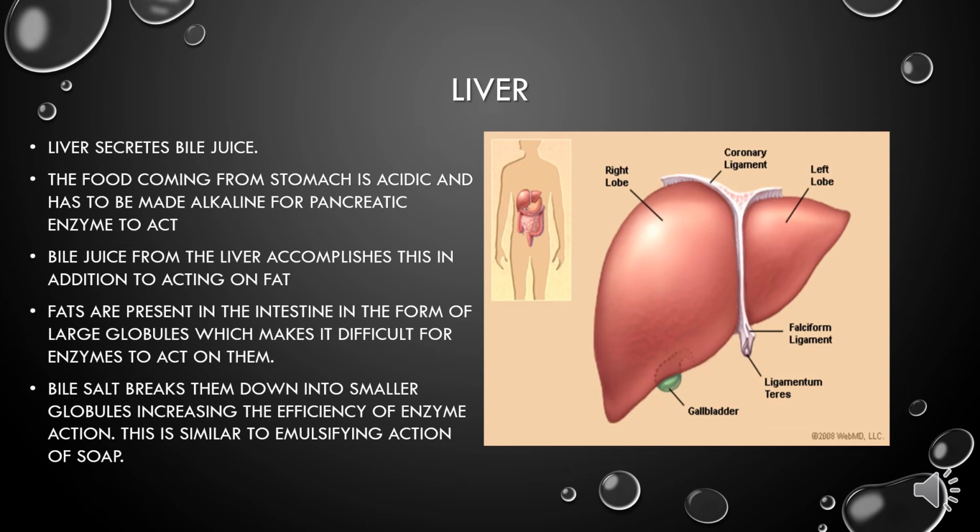Fats are present in the intestine in the form of large globules, which make it difficult for enzyme action. So, bile salt breaks them down into smaller globules, increasing the efficiency of enzyme action. It is very similar to the emulsifying action of soap.